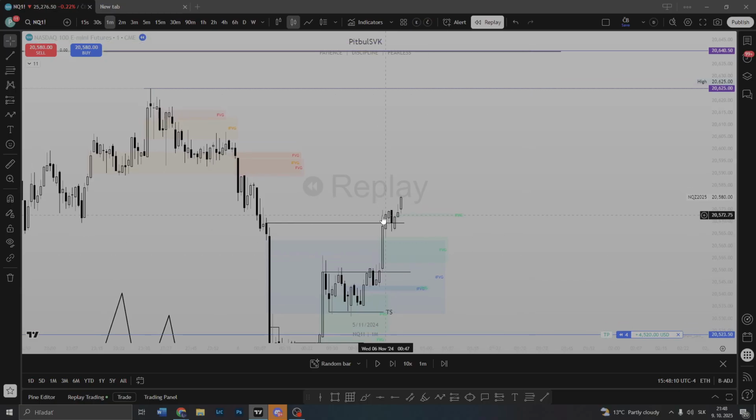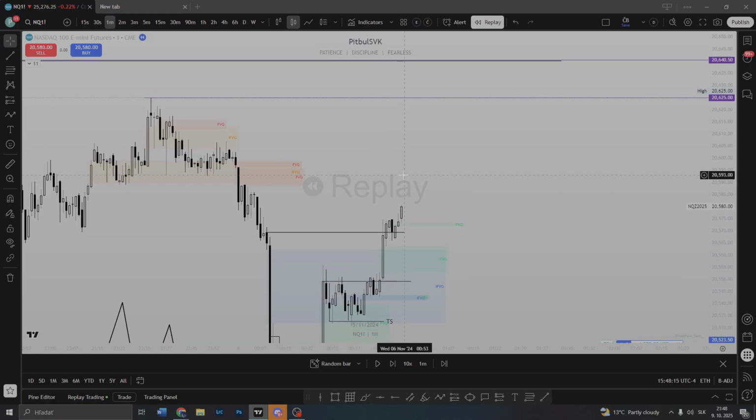Okay, so now we retested that bigger CISD, retested it, we are running higher. We also can see that right here this is just kind of LR, so I wouldn't be so worried about here. Pretty good candles. This candle closing above these two candles, creating another kind of CISD.